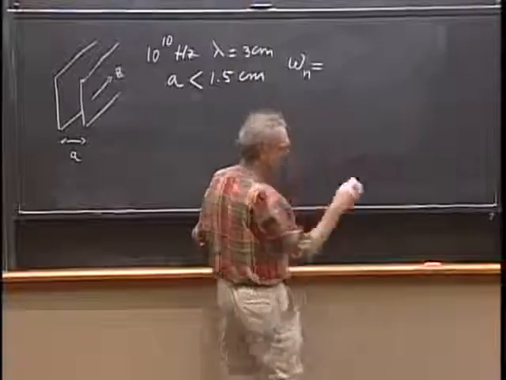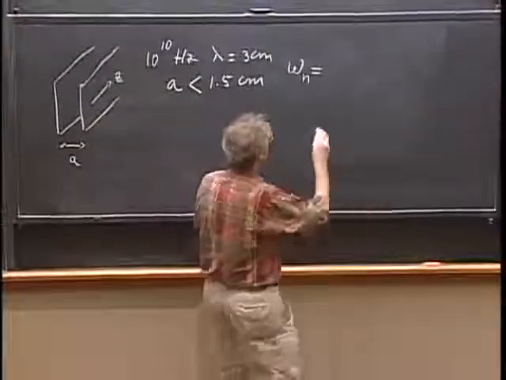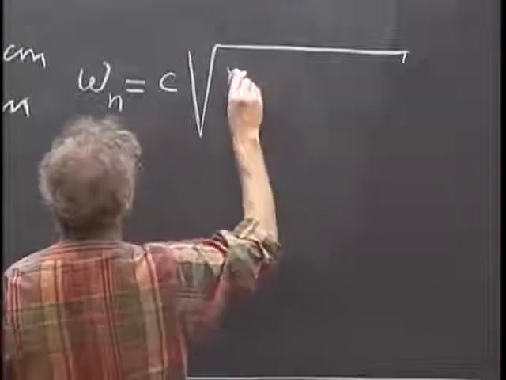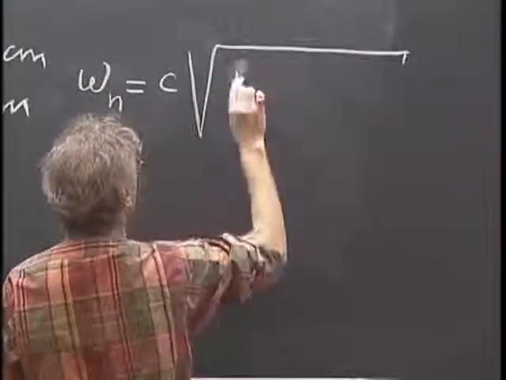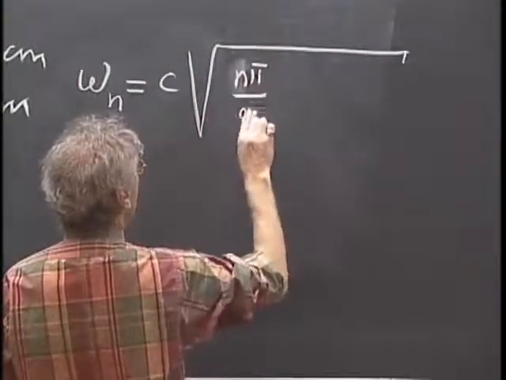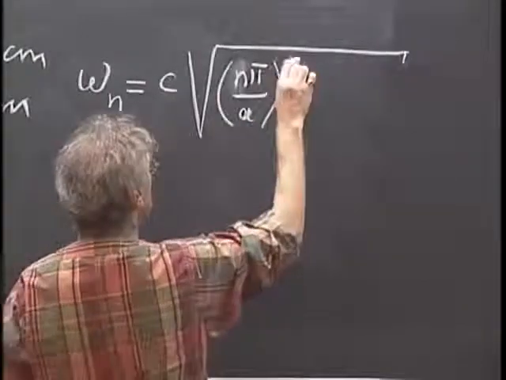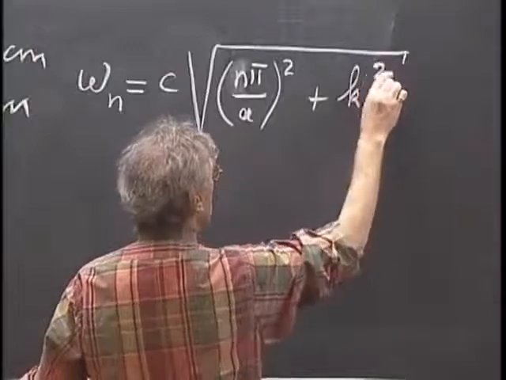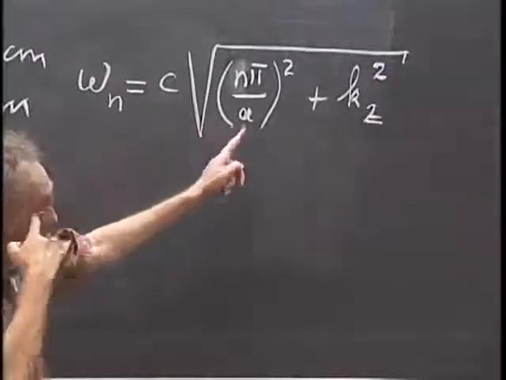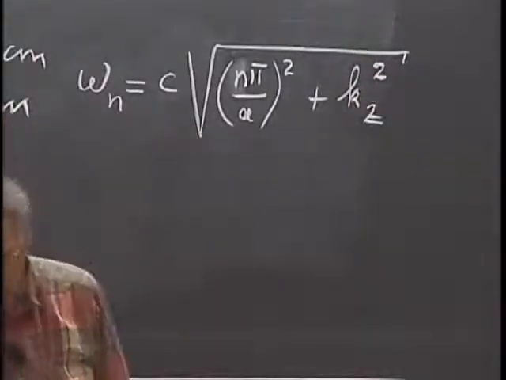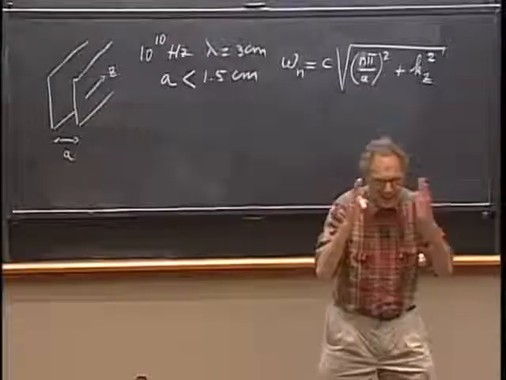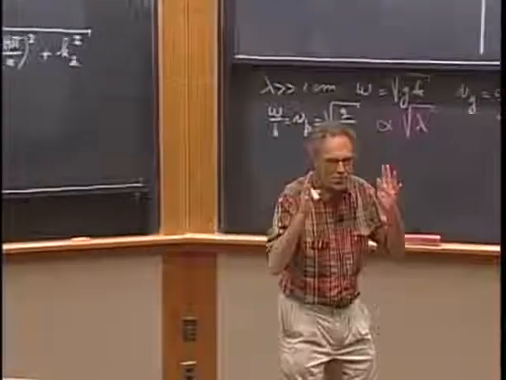Omega n, whereby n equals 1, 2, 3, 4, 5, equals c times the square root of n pi divided by a squared plus kz squared. Let's first look at this term. Even though you don't see directly where it comes from, you can connect to it already. It has to do with boundary conditions.